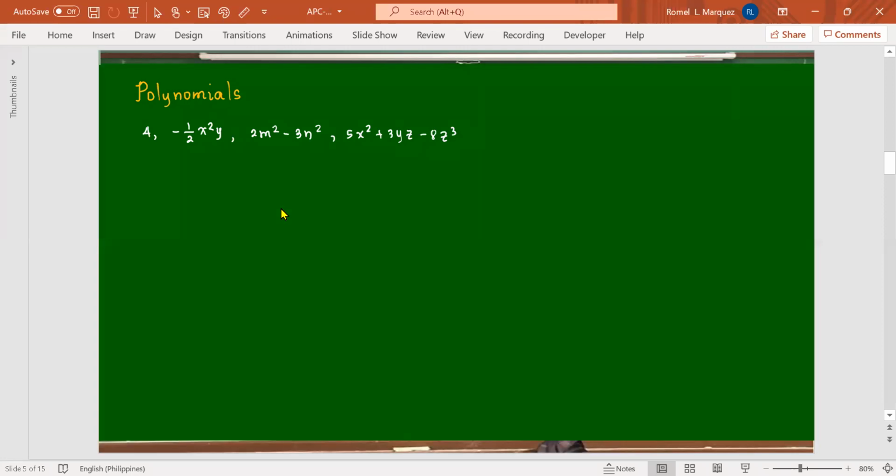So expressions like these algebraic expressions are called what? Polynomials, children. Special algebraic expressions called polynomials.